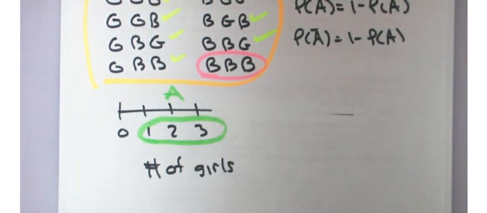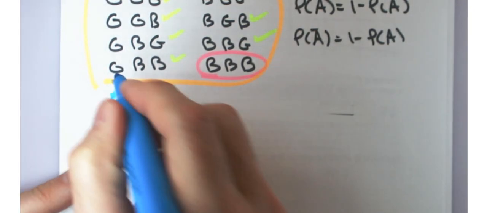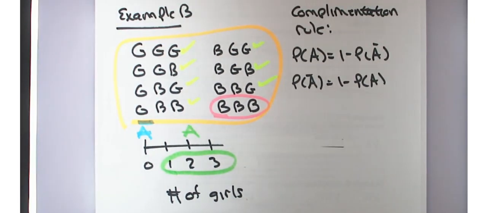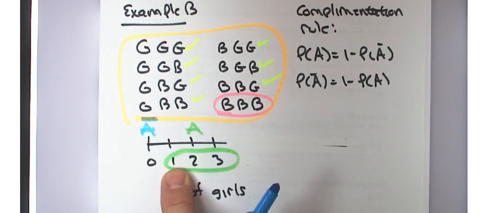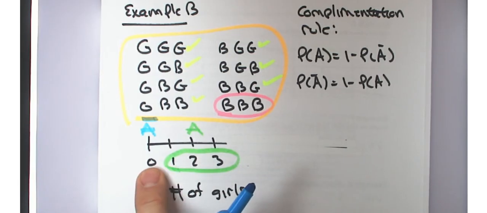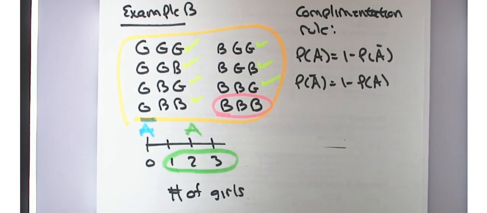What's that leave for not A? What's the event of not A? 0. Yeah. So to calculate the probability of event A, you could calculate the probability of 1 girl, or 2 girls, or 3 girls, or you could say it's 1 minus the probability of all boys. What's the advantage of that? What's the advantage of going 1 minus the probability of all boys?